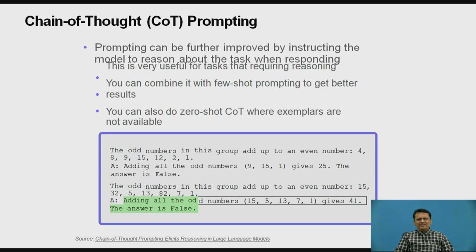And then later, if you mention this procedure, what should be the approach to decide the answer, and later you give a different number series, and whatever odd numbers you add up give you the result 41, and 41 is not an even number, so hence the answer generated will be: the answer is false.